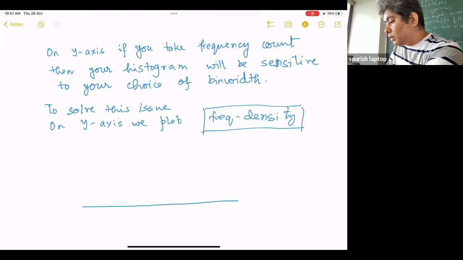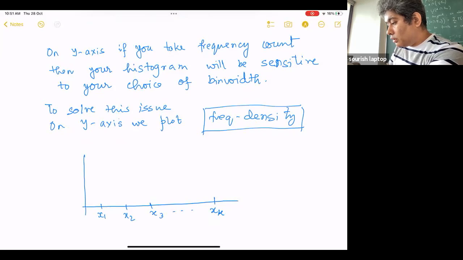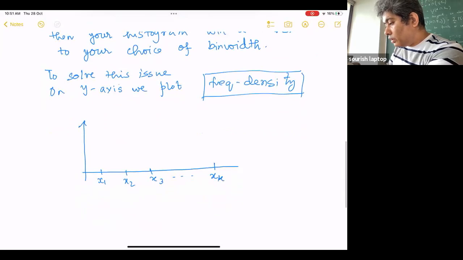Let me put, say, x1, x2, x3. So these are, suppose, different bins, up to xk, and you are counting the frequencies, say f1, f2, this way up to fk.